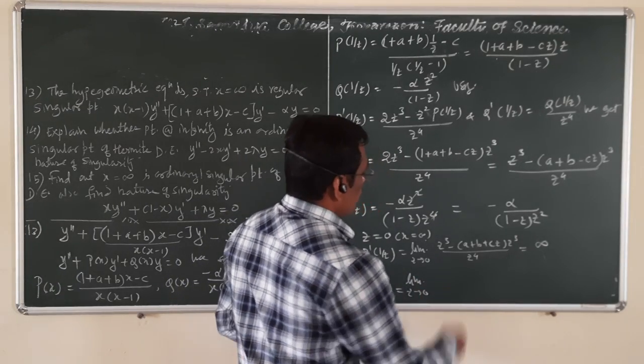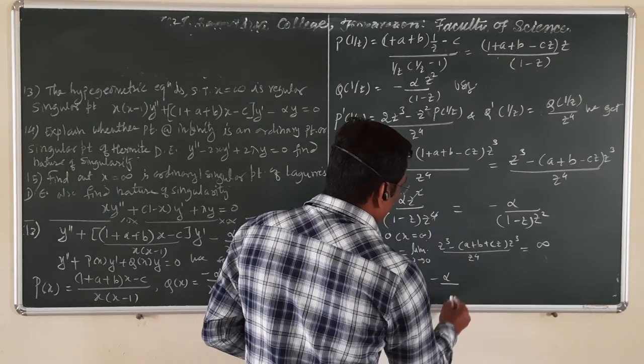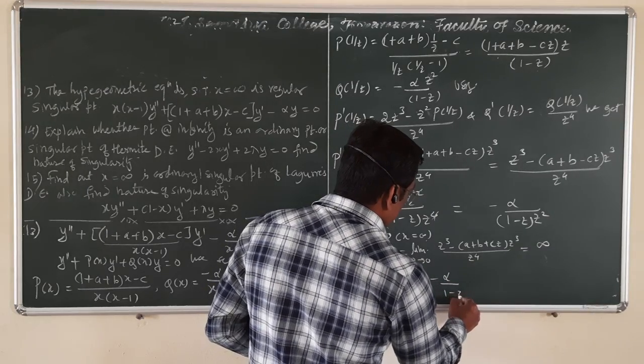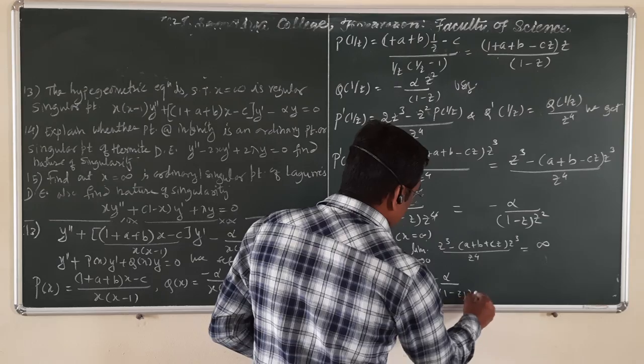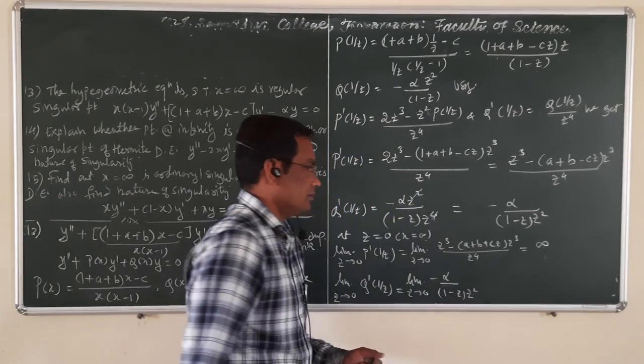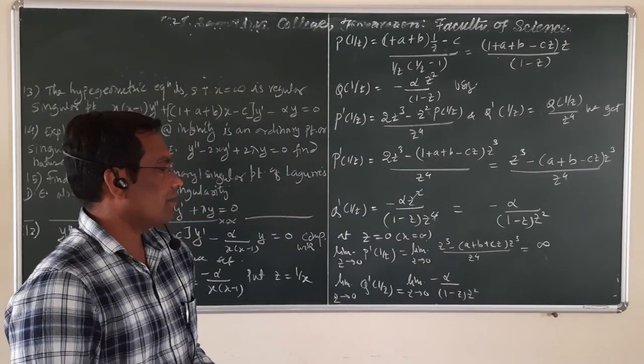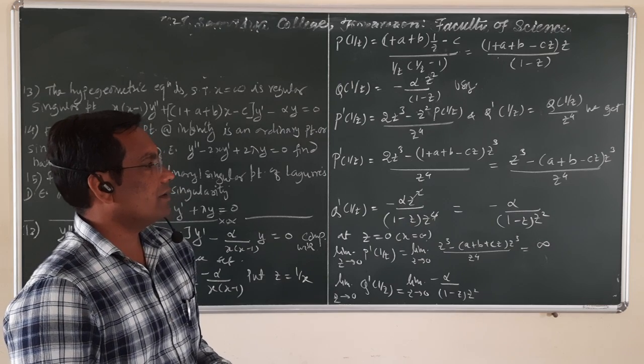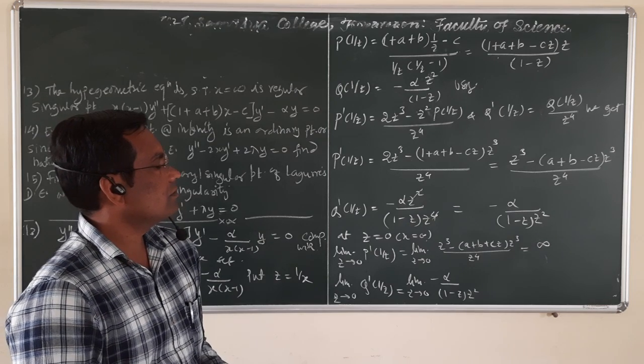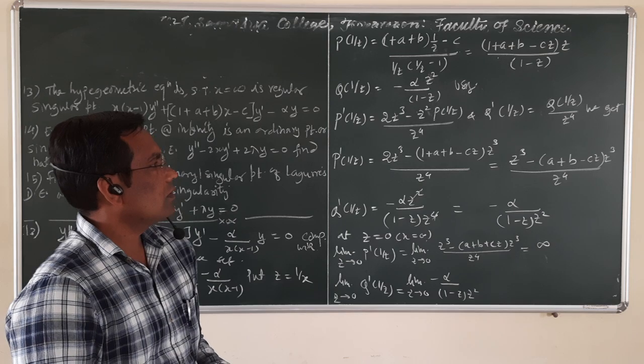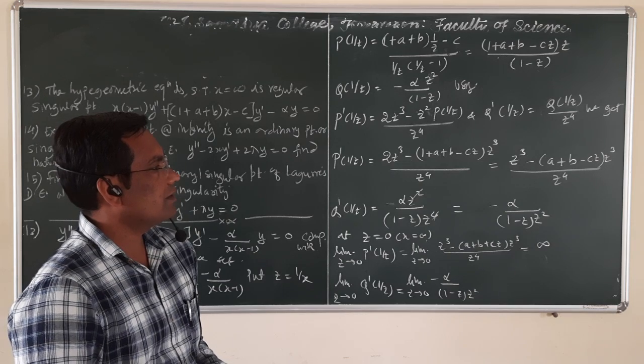And for z equal to 0, q dash, this is limit as z tends to 0, q dash is minus alpha into (1 minus z) into z square. Now what is the value of that limit?